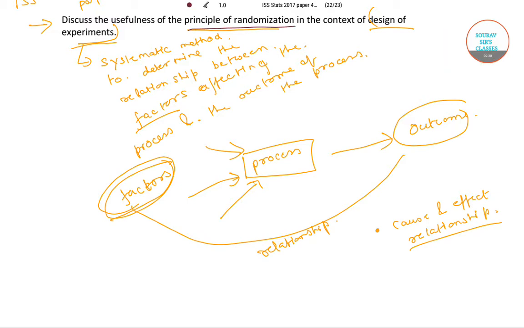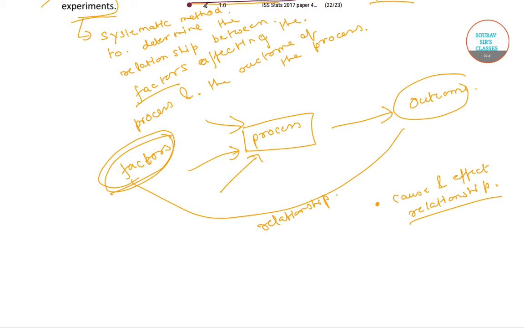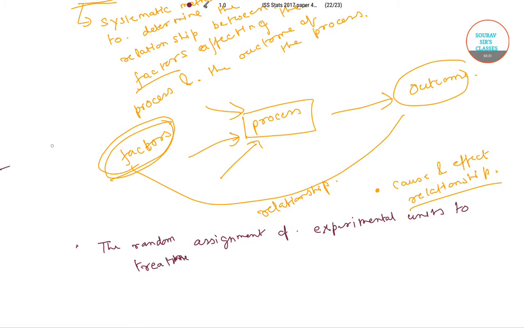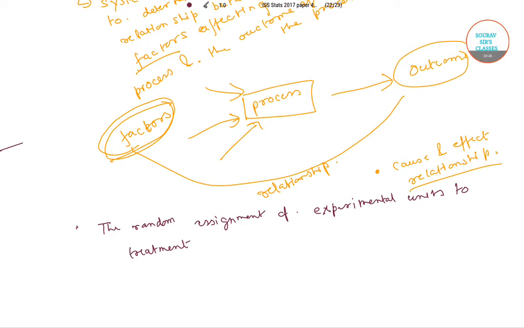Now, the principle of randomization means the random assignment of experimental units to the treatment, and the usefulness of this results in the following outcomes.